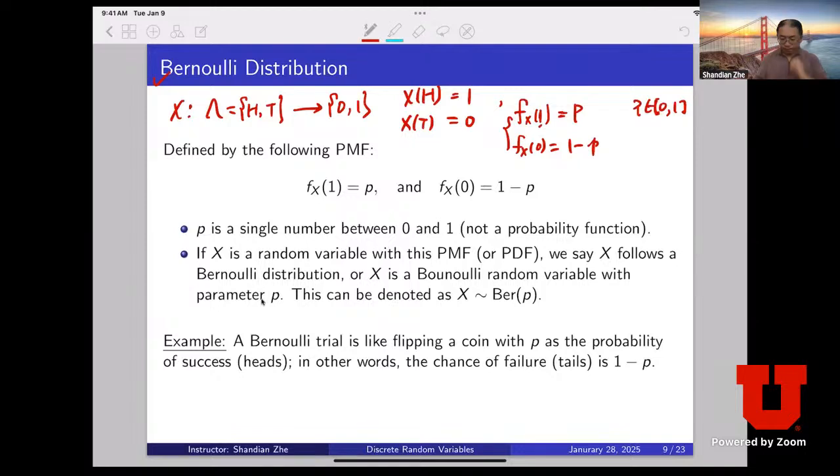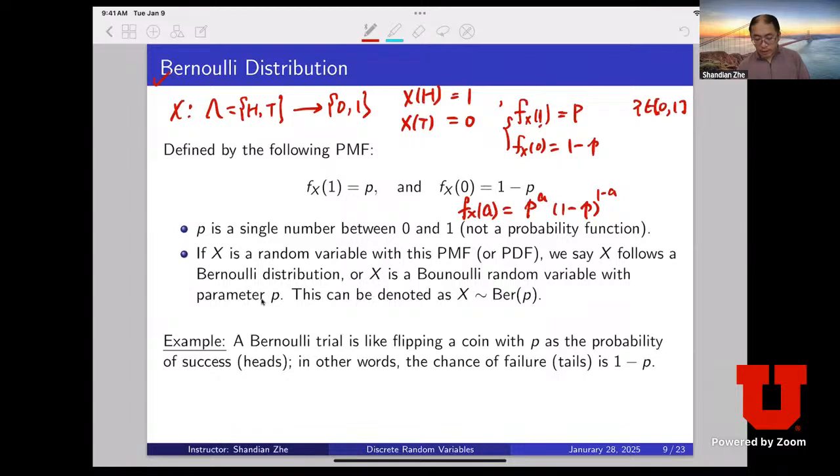So if we write down the probability mass function in a unified way, it's usually written something like this. It's written as p to the power of a, times 1 minus p to the power of 1 minus a.